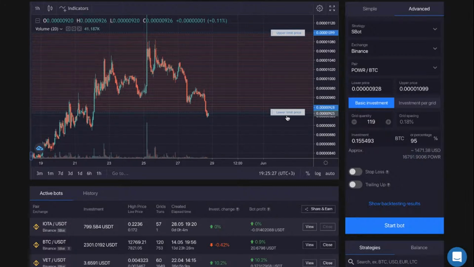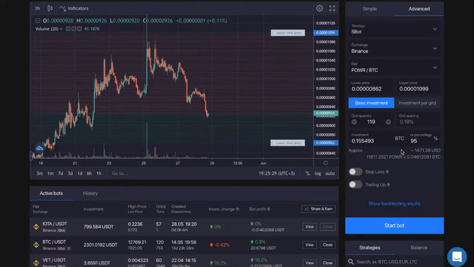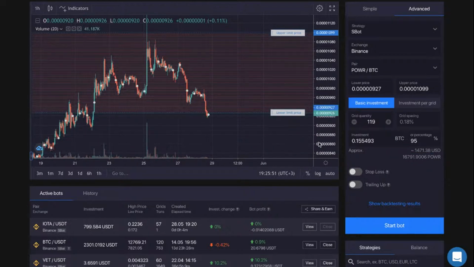Notice that if I had the buy side, in this case, I would have a slightly different investment distribution. I would have that amount of POWR, and I would have 0.04 BTC in the buy side to buy the POWR. So this is how it works.